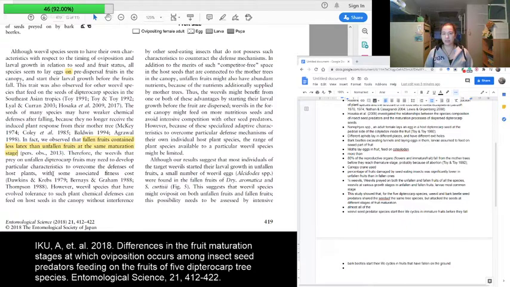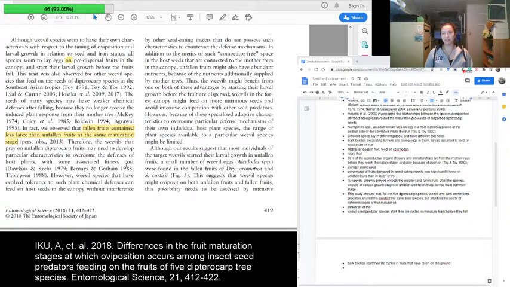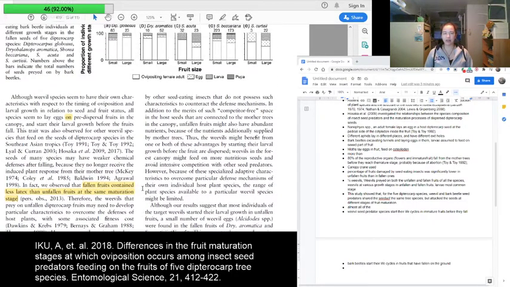Okay, so the weevils have possibly developed characteristics to overcome these issues with some associated fitness cost. Yep. However, weevil species that have evolved tolerance to such plant chemical defences can feed on host seeds in the canopy without interference by other seed-eating insects that do not possess such characteristics.